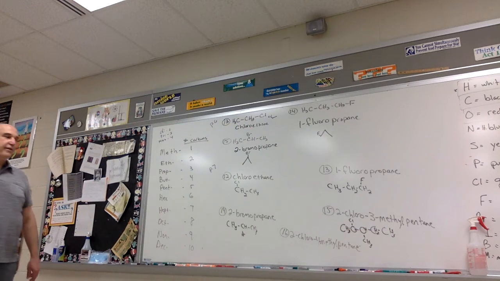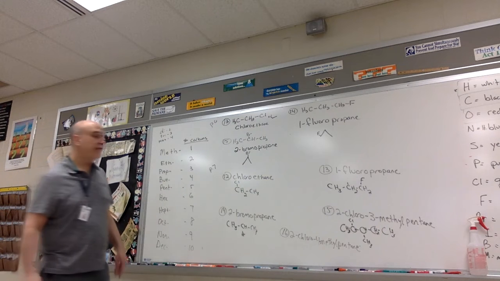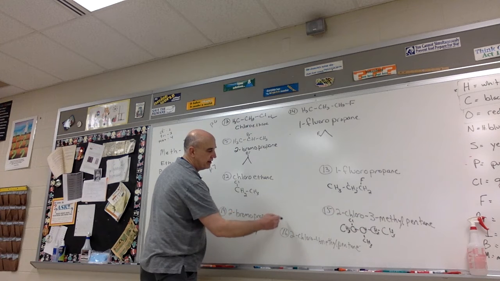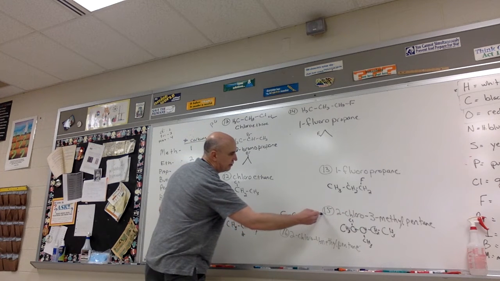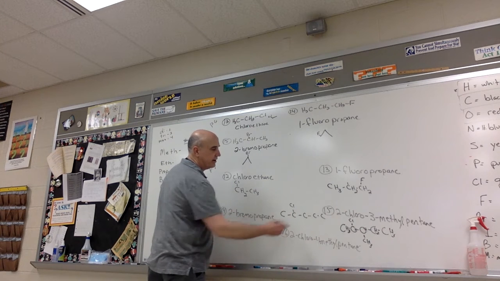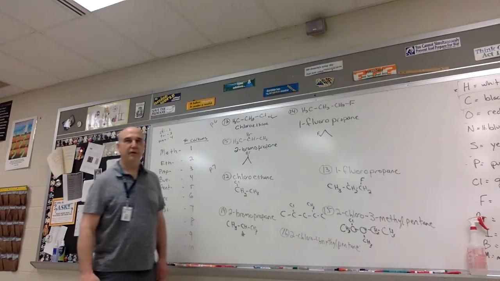And then the last one, this is where you can kind of see, I think, that the chloro group takes precedence over the methyl group. So we have 2-chloro-4-methylpentane. So again, it's a 5-carbon chain. Chlorine off the 2nd, methyl off the 4th.